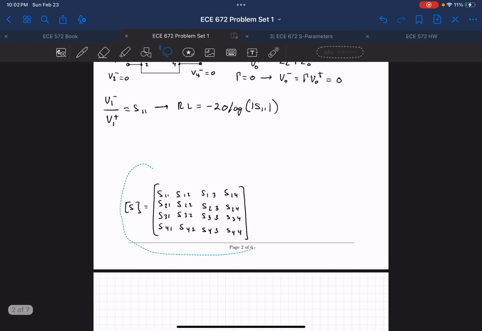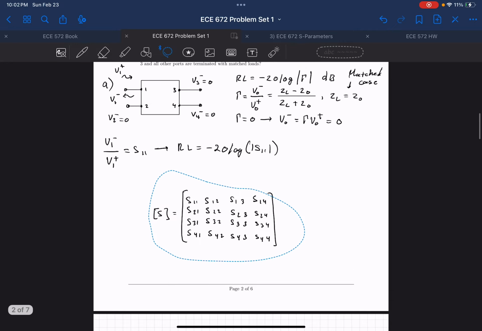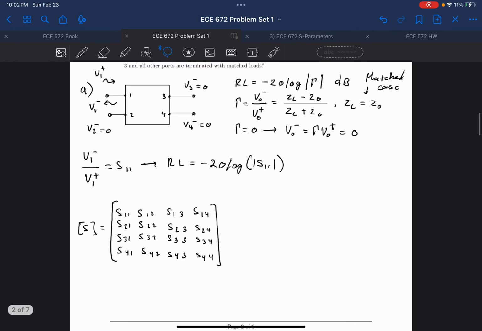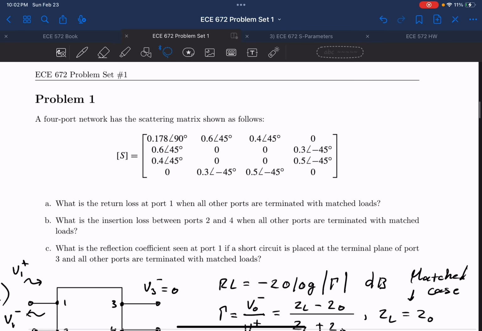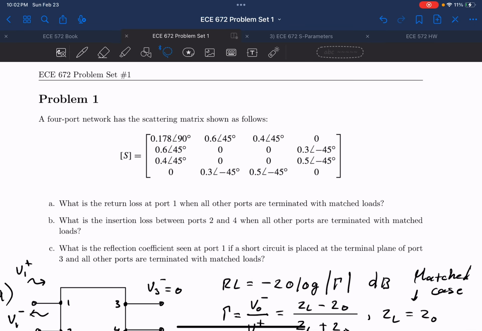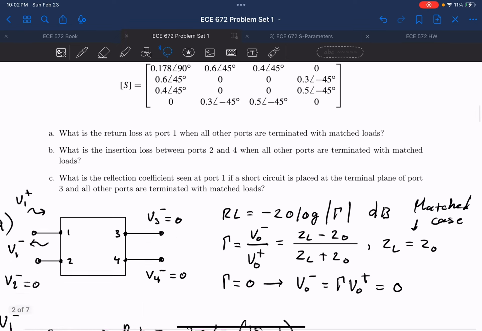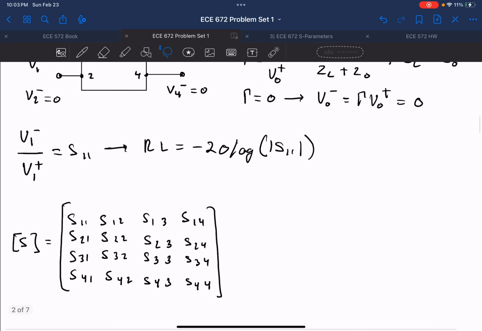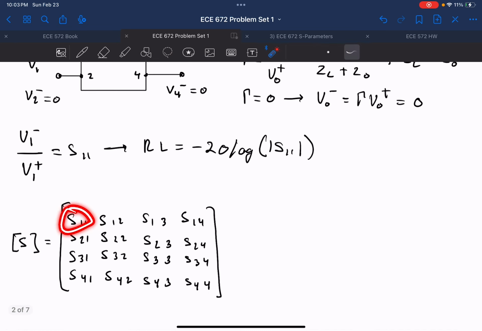And I drew this matrix that represents all the data from the scattering matrix, or all the positions for S11, S21, S31, S41. So our S11 is here.